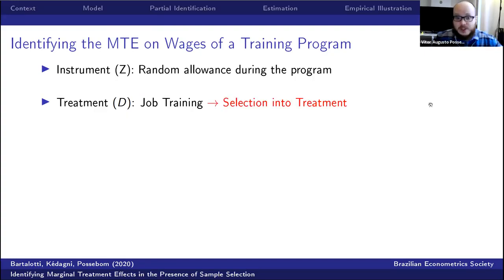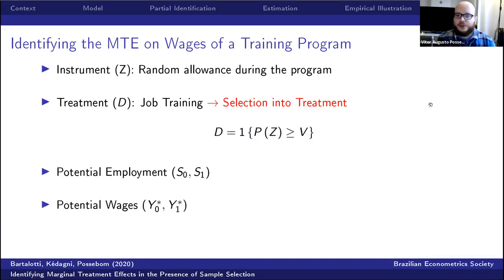And people can choose to enroll in this program, and we model this choice using a single threshold crossing model. So basically here, we have P as our propensity score, and V is the latent heterogeneity variable. It's the resistance to the treatment. So larger values of V make it harder for the person to actually take the treatment.